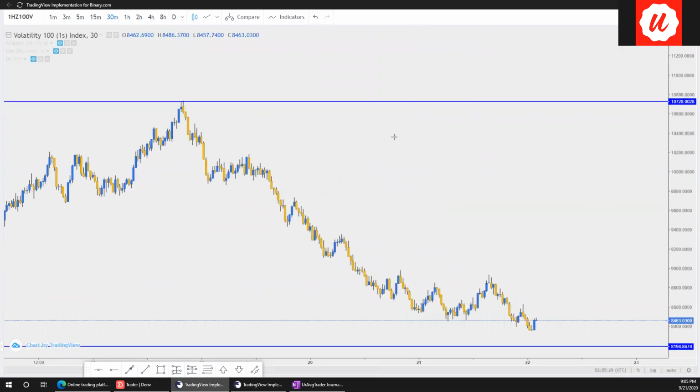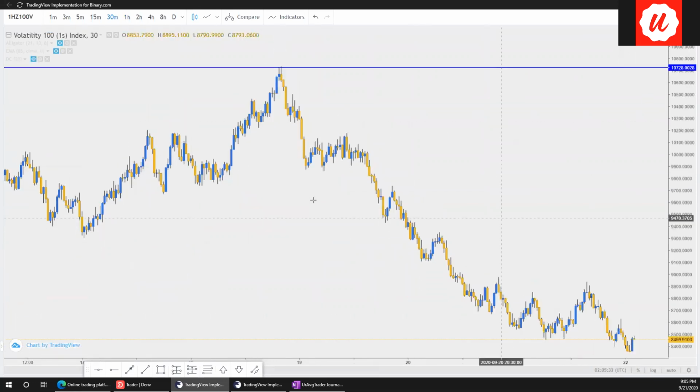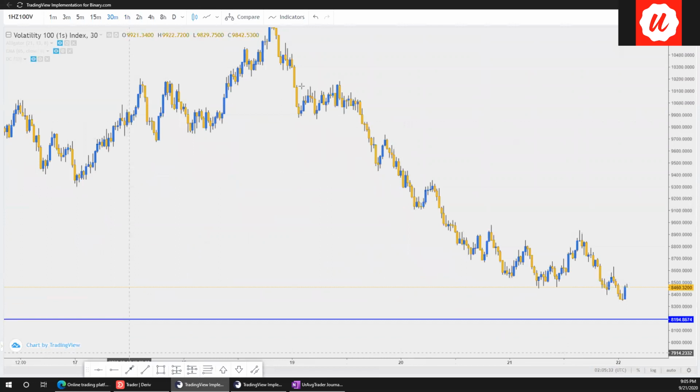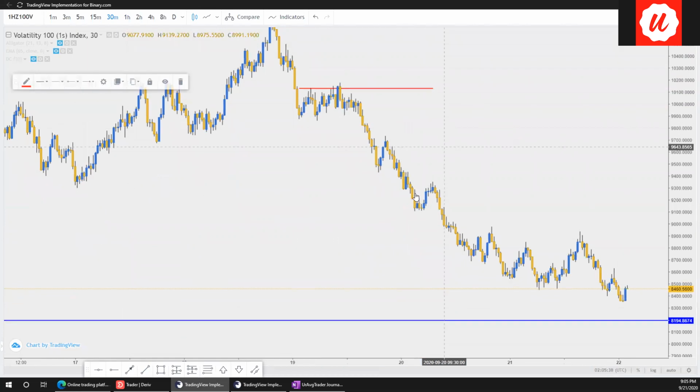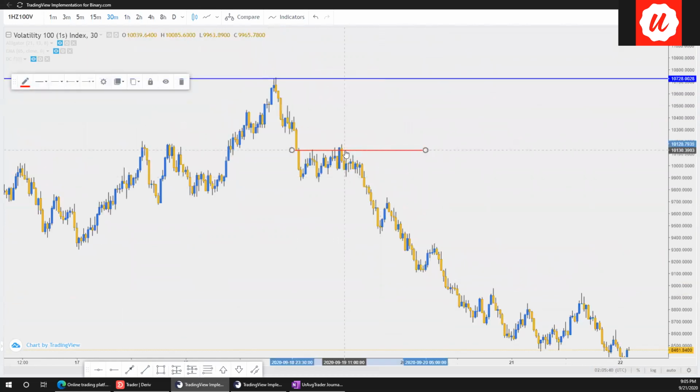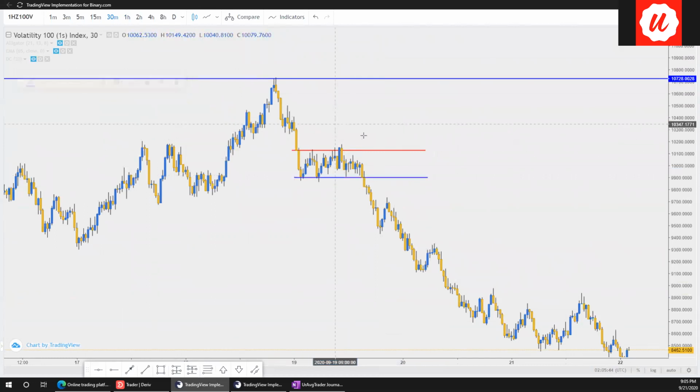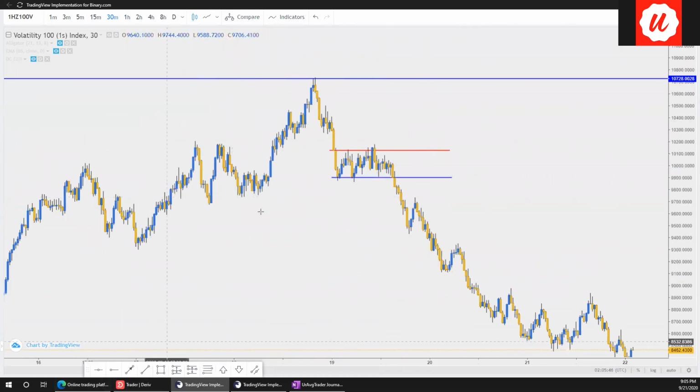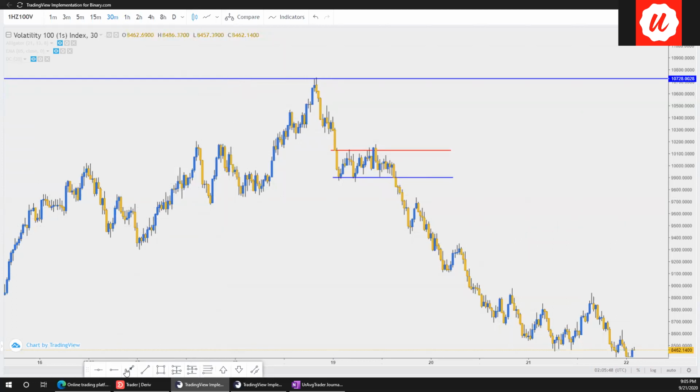So let me show you how you would take an entry from here. Price is ranging here, and at this point price is still bullish, because this is the last floor that was holding up the market.